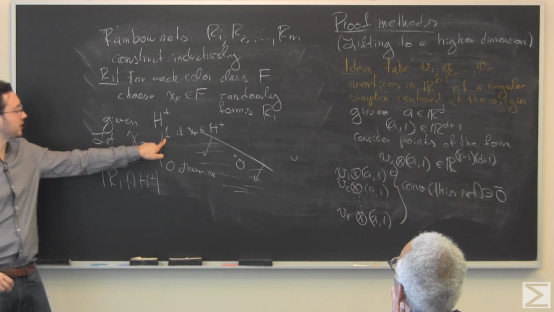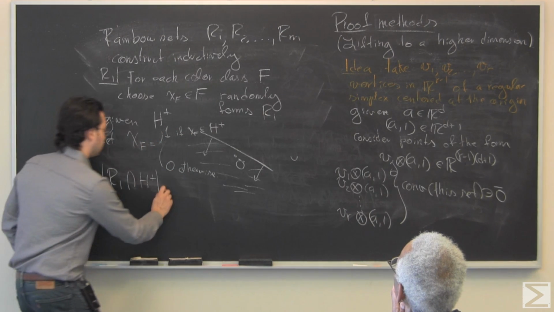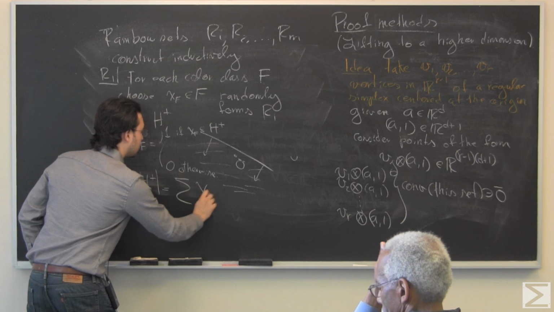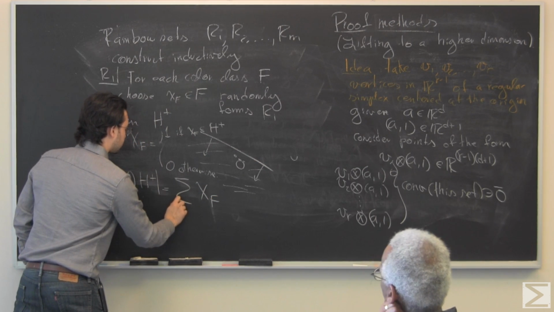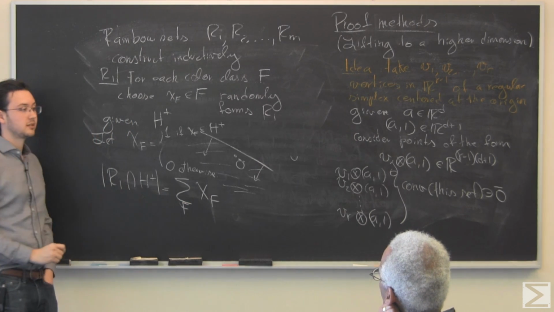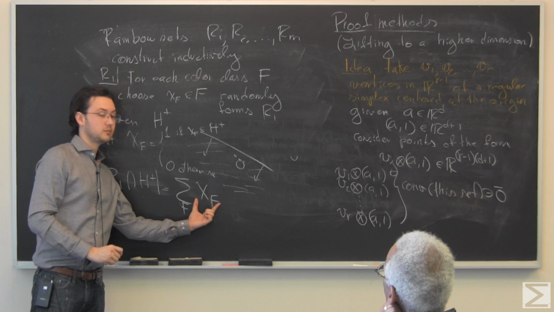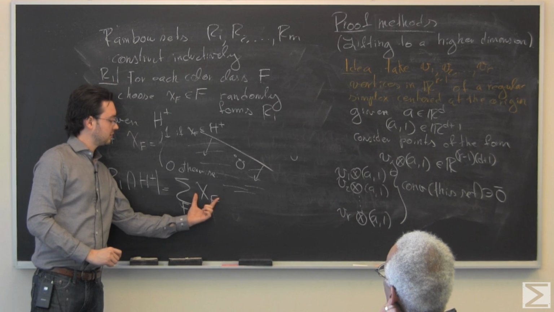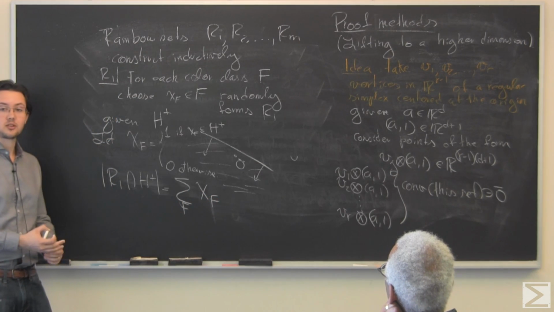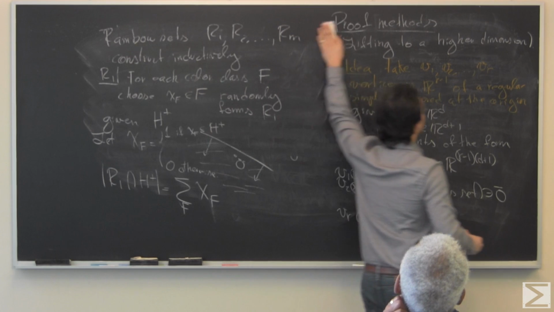Because they are contributing 1 if the point is inside and 0 if it's not inside. And this is a sum of independent indicators where I have some information about the expectation of these things. What do I know about the expectation of these things?